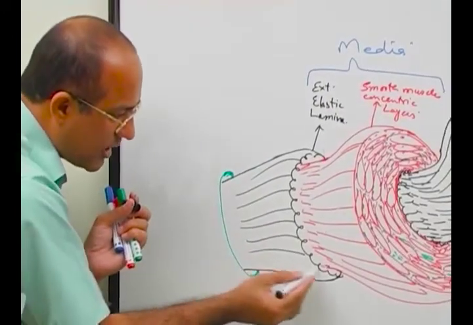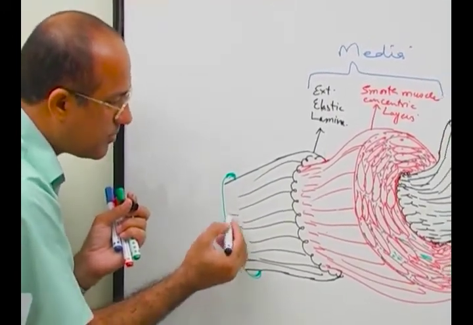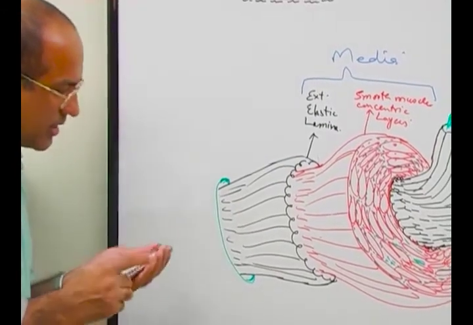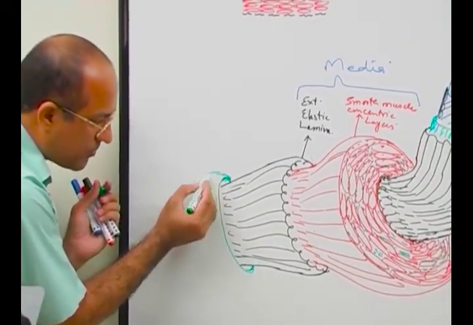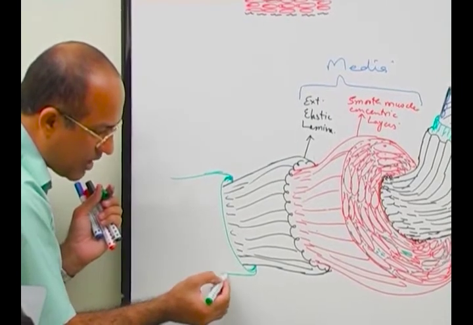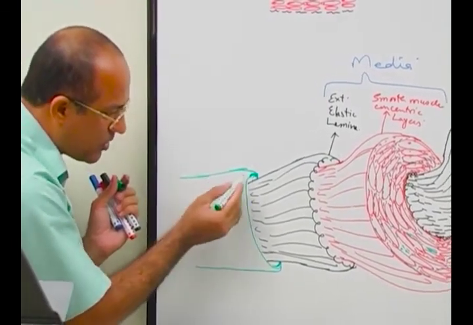This was external elastic lamina. And then we come to the outermost layer, and this is a layer of connective tissue, right?